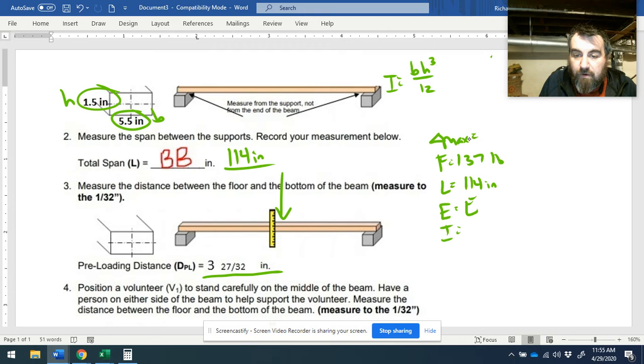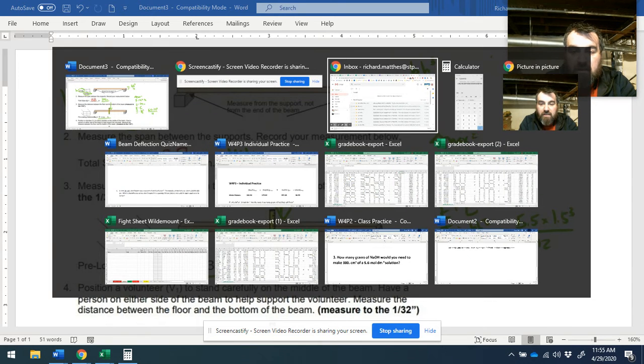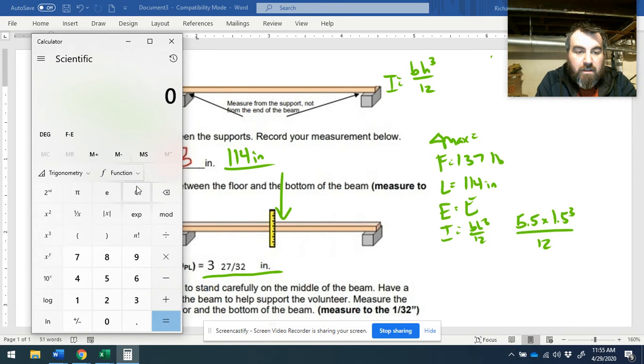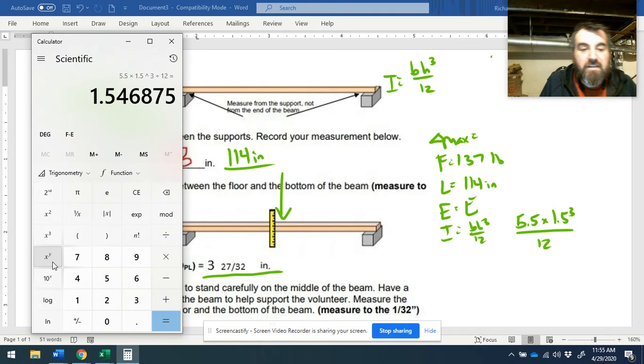We can do that right now. I mean, it's base times height to the third over 12. So the base is 5.5 times 1.5 to the third over 12. So I take out my handy dandy calculator here, and we say 5.5 times 1.5 x to the y 3 to the third divided by 12 gives us 1.546875.